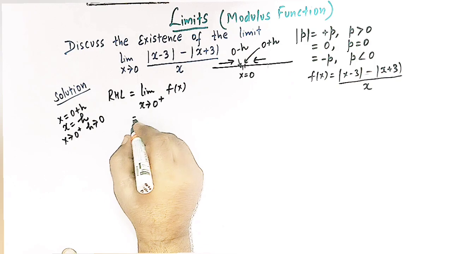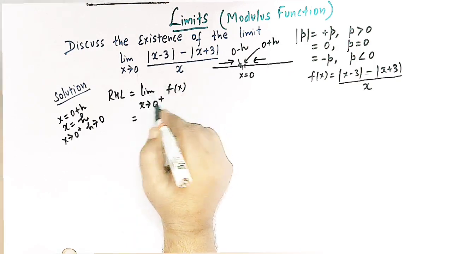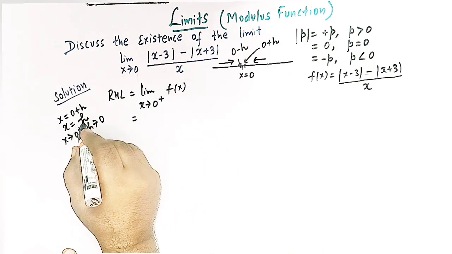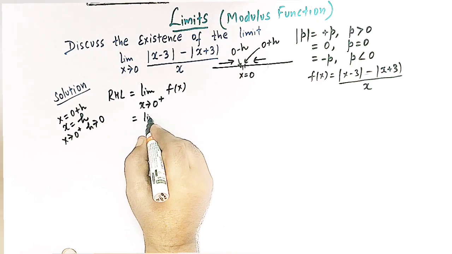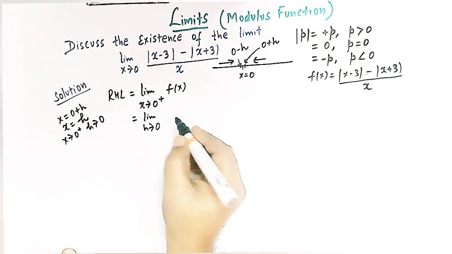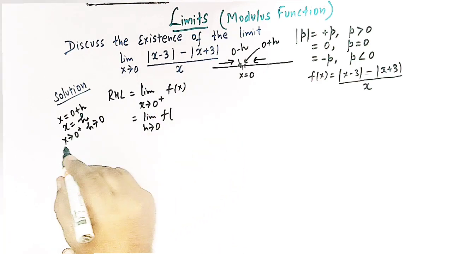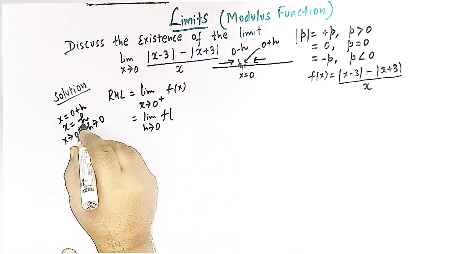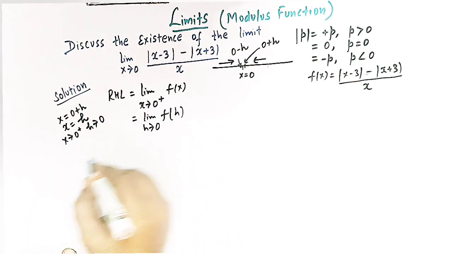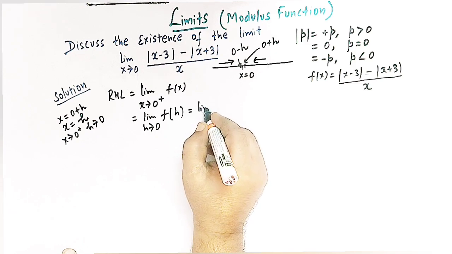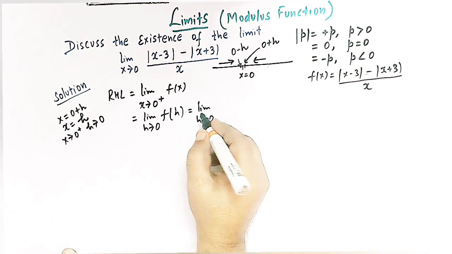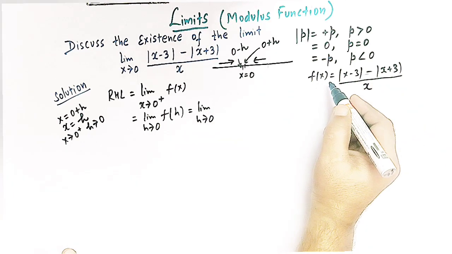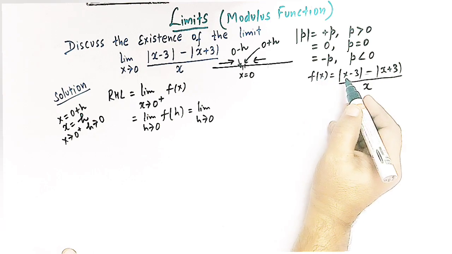So now we can transform this limit in terms of h. So we have limit h tends to 0, and here we have x is equal to 0 plus h, or x is equal to h. So we have f of h. So now we can write limit h tends to 0, f of h is obtained by replacing x by h.